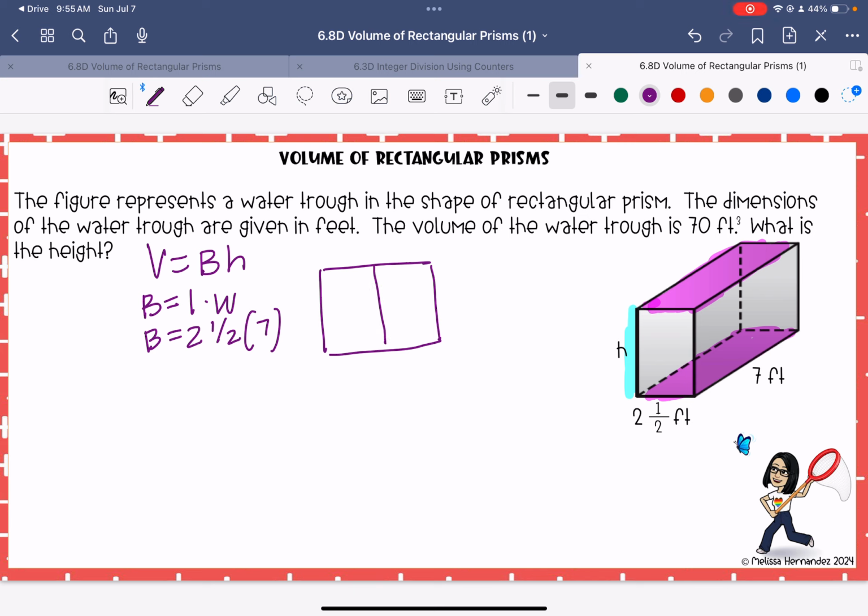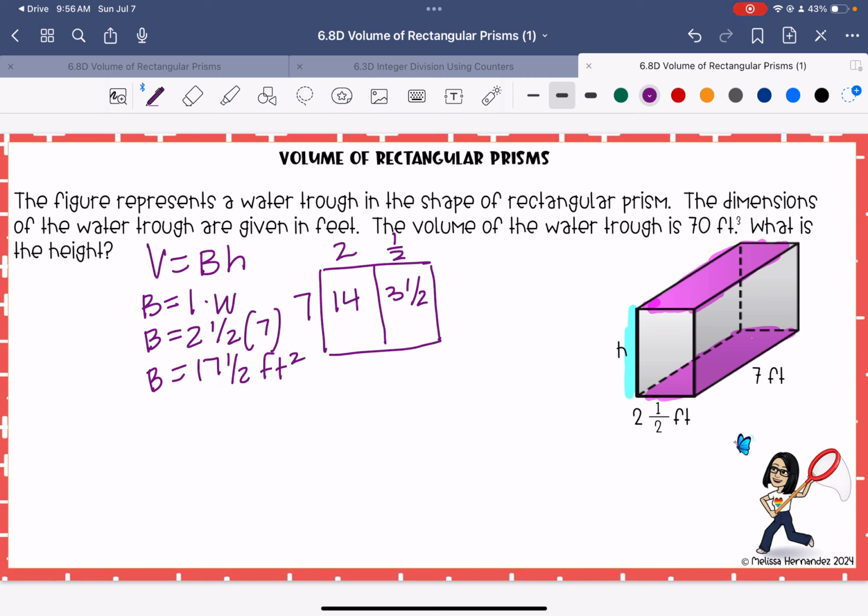It doesn't really matter. But kids started learning the area model in 4th grade, so I like to just kind of go with what kids already know. 7 times 2 is 14, and then what's half of 7? 3.5. So my total for area of the base would be 17.5 feet squared.